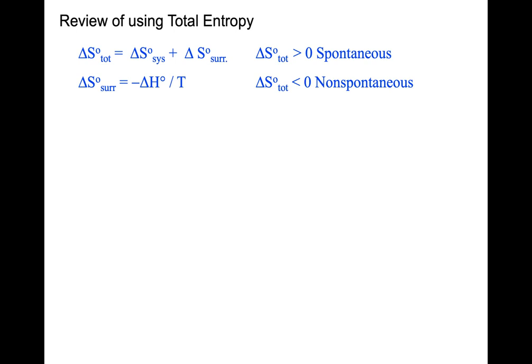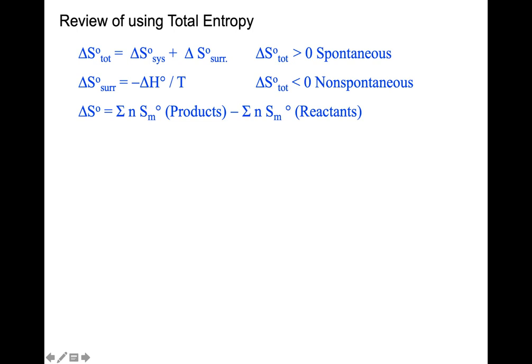So first, let's review a little bit about what we did in talking about total entropy to decide whether or not something was spontaneous. We had several of these equations to think about. First, we could find the entropy change for the system: products minus reactants of the standard molar entropies multiplied by their stoichiometric coefficients.